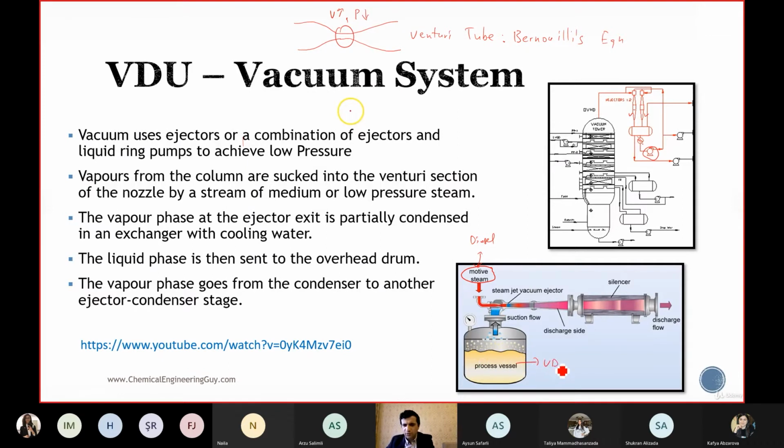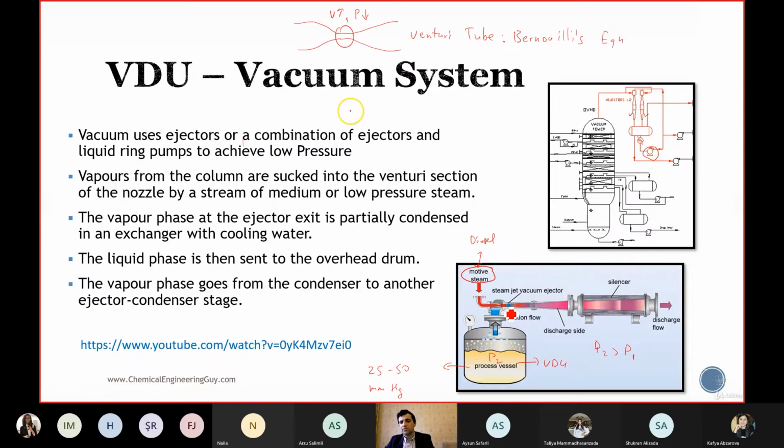Assume this is your VDU, you have the P2 and P1 here. When P2 is bigger than P1, the air in the VDU moves upwards from higher pressure to lower pressure. This way you can create the nearly vacuum condition, which is 25 to 40 mmHg here. So this is the ejector.